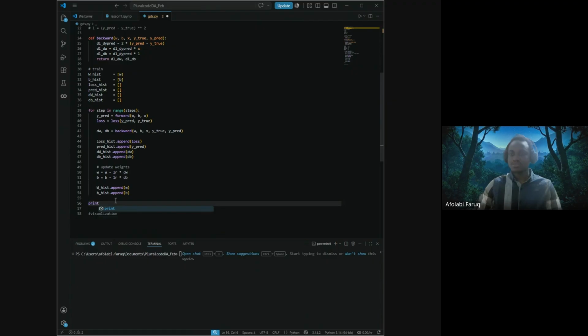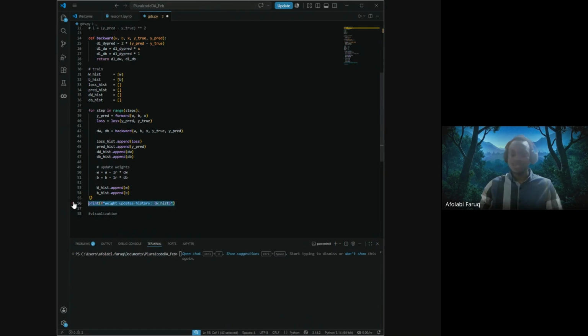Print, what do you call it, weight updates history. So say W_est.